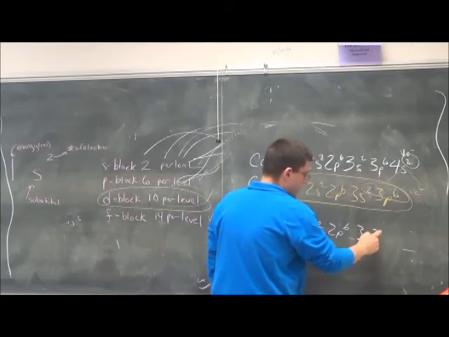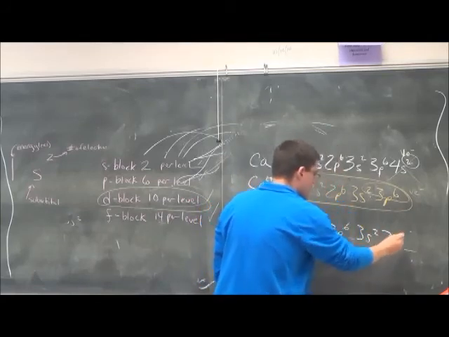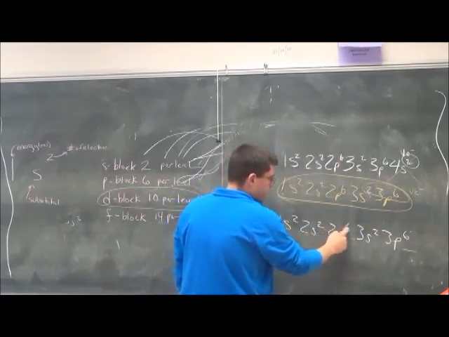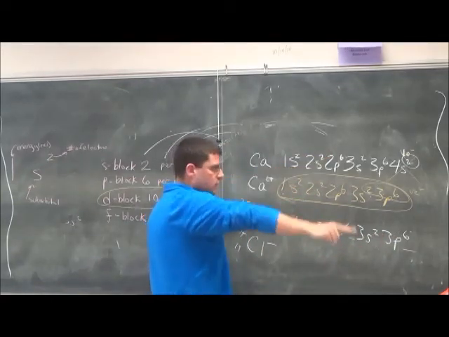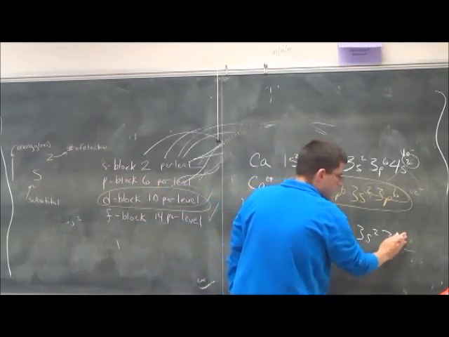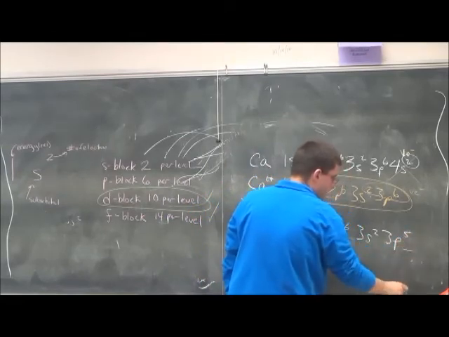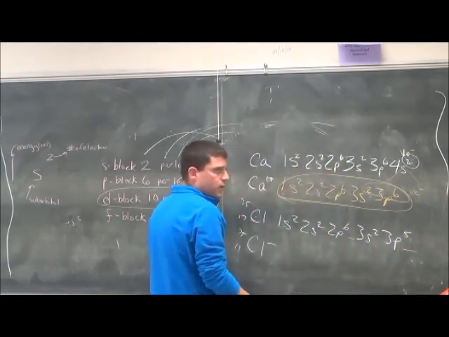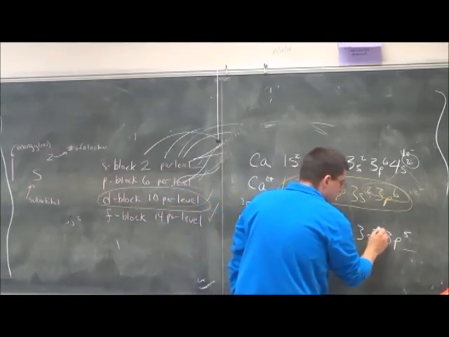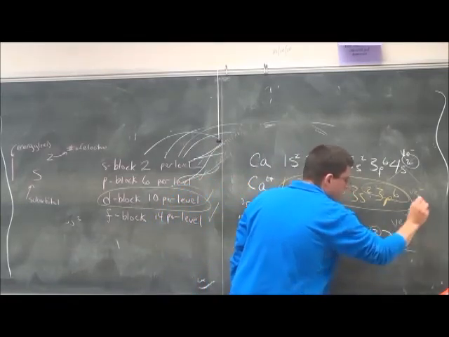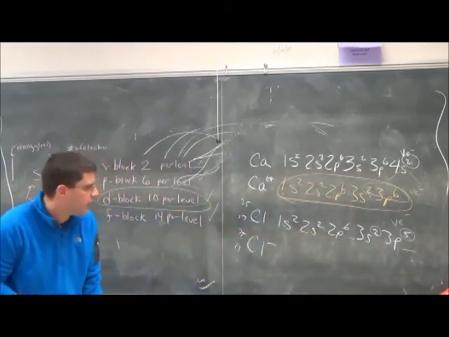Open up a new level, 3s2, 3p, hold on, 6. Did I go past? 2, 4, 10, 12, 18. Whoops! It's a halogen! That's argon. So 3p5. Okay, 1 away from becoming stable. 2, 4, 10, 12, 17. Here are your valence electrons, right? 1 away from becoming stable.